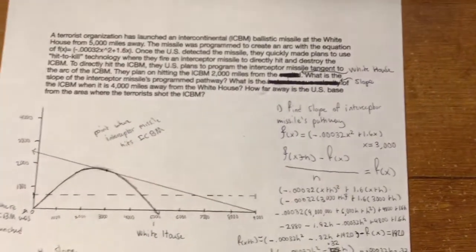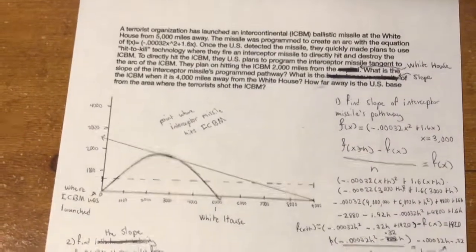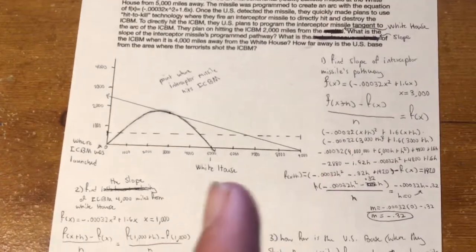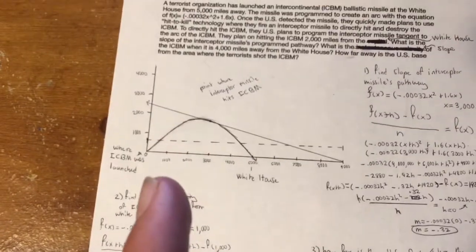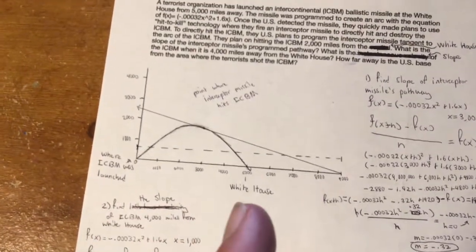The last question was how far away the US base was from the area the terrorists shot the ICBM. So, we know that the US base was somewhere over here, in between the White House and where the ICBM was launched. The White House was in between.